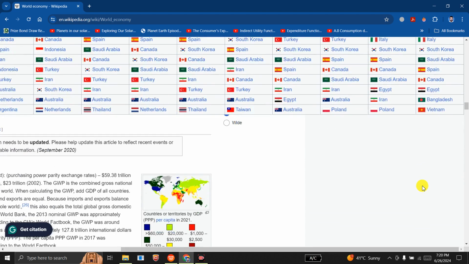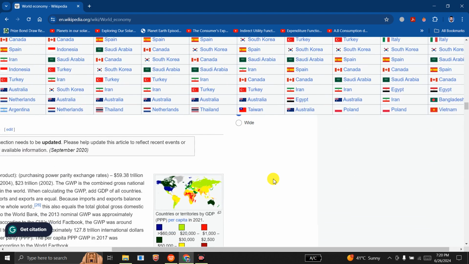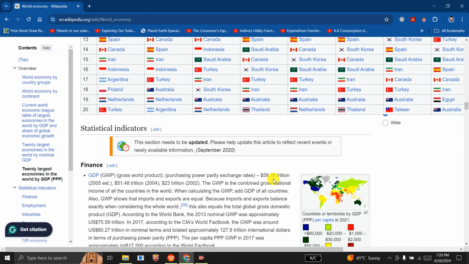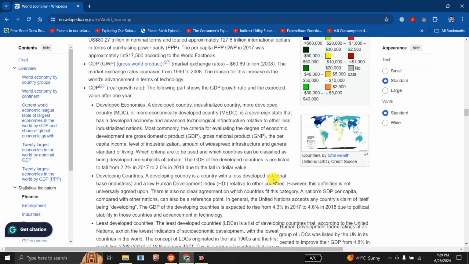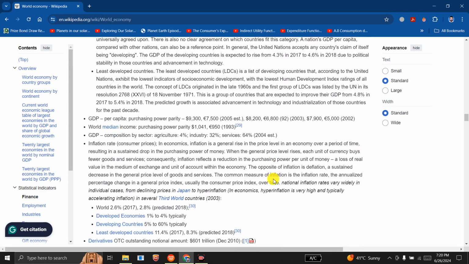So this is how we here you can see GDP, gross world product, purchasing power parity, exchange rate, and $59.38 trillion is estimated. For the gross world product, these are various years, and so on.